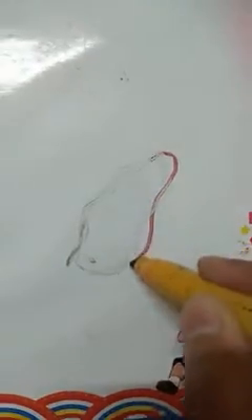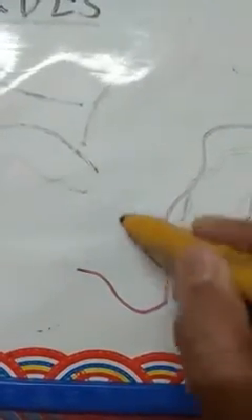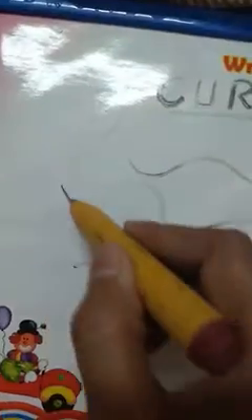When we start drawing and complete it, it becomes a closed figure. It's a closed curve. Okay? There is no gap. So like this, the curves are open. This is an open curve. And these are closed curves.